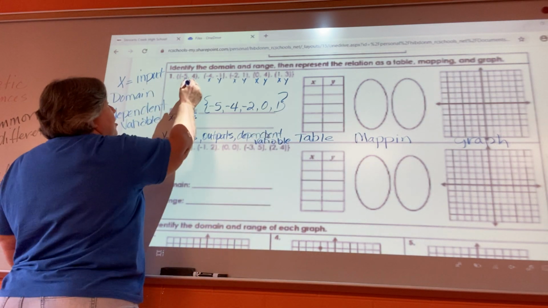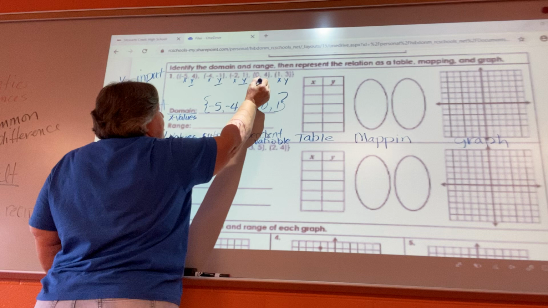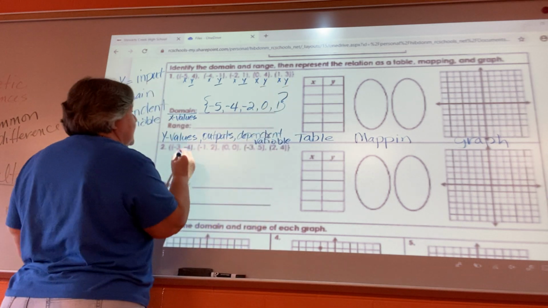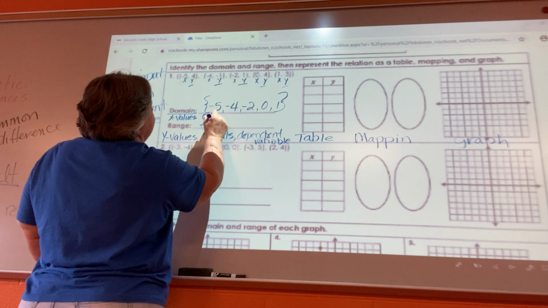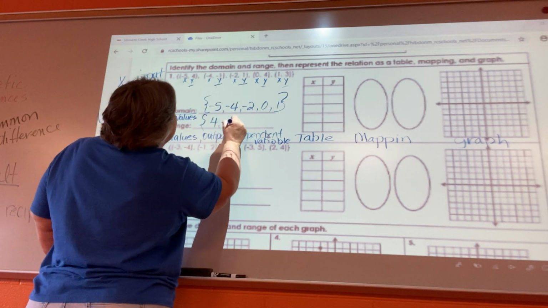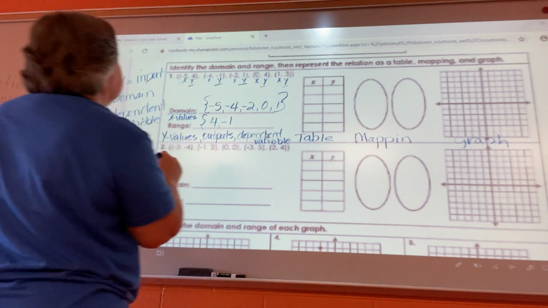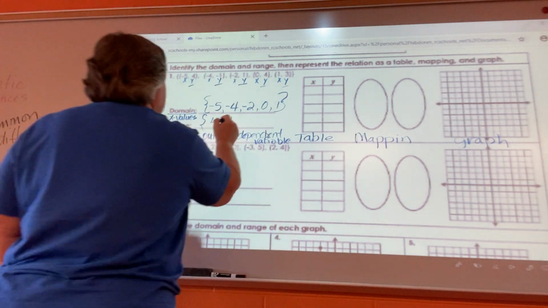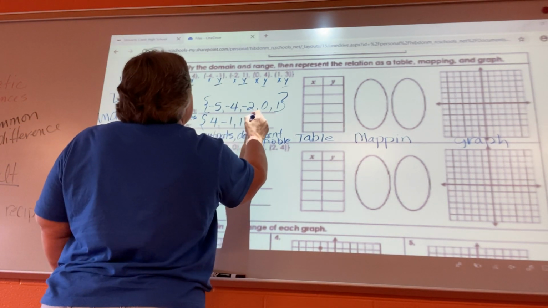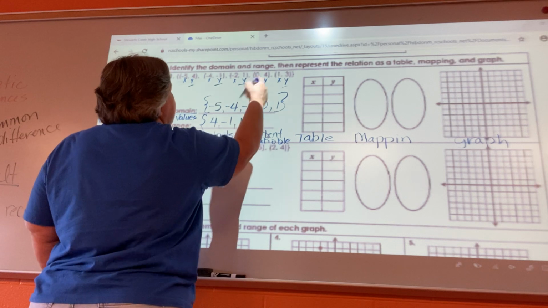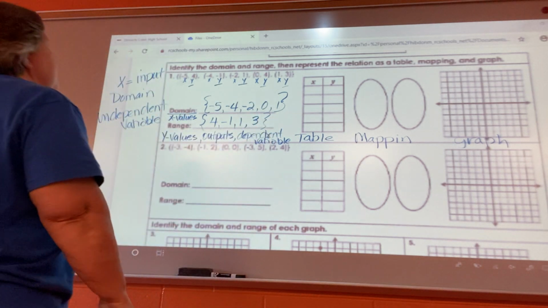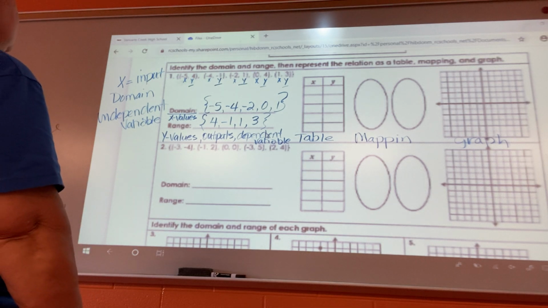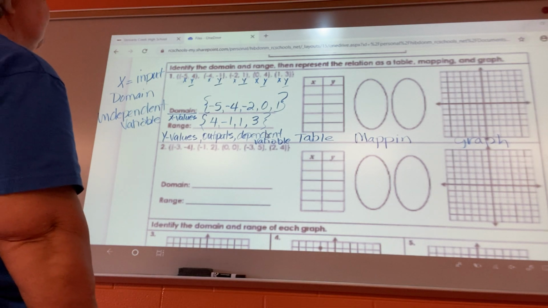So the range are the Y values, so I'm just going to put those in set notation. And that's going to be 4, -1, 1, 4, we don't need to put 4 again, and 3. Yep, that's it.